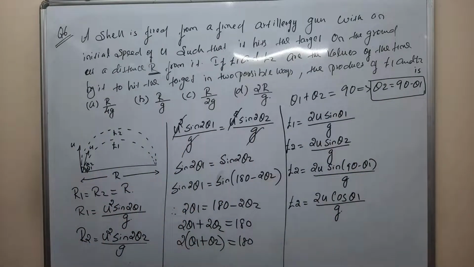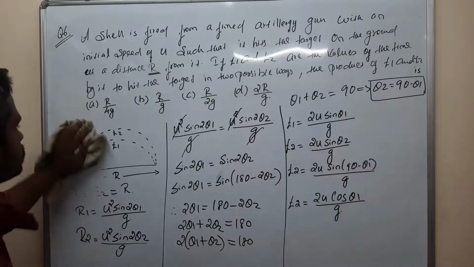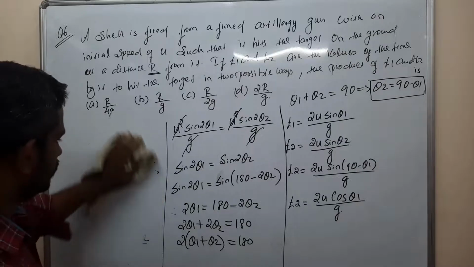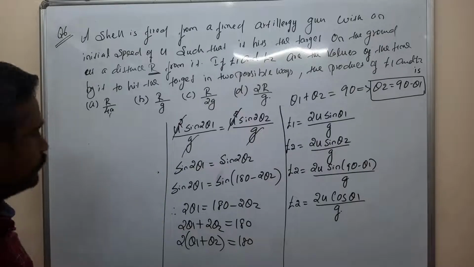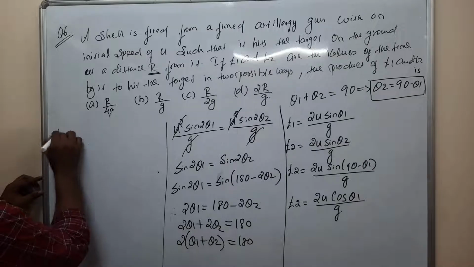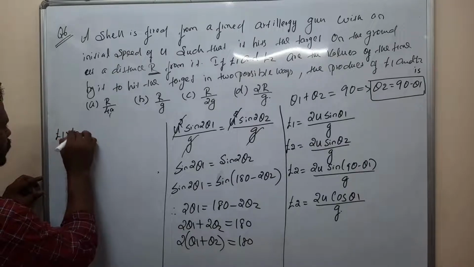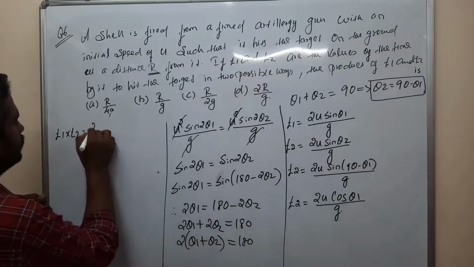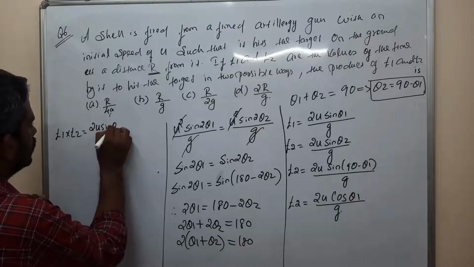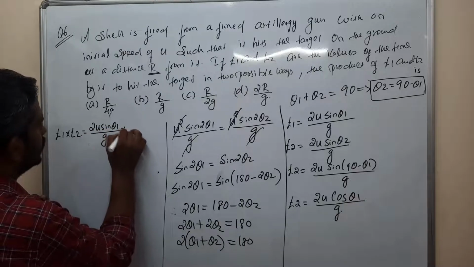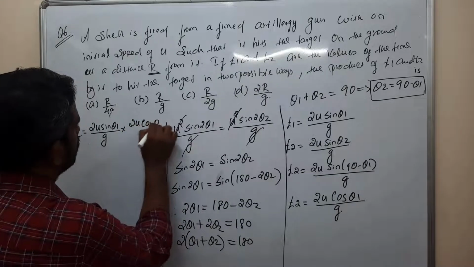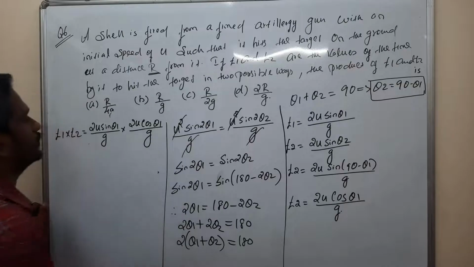So we have to find the product of the times. So t1 into t2 is equal to, what is t1? 2u sin theta 1 divided by g, into, what is t2? 2u cos theta 1 divided by g.